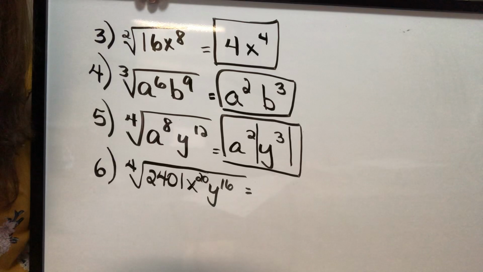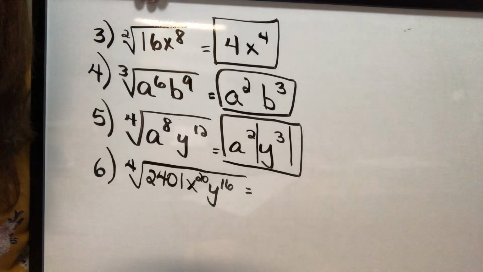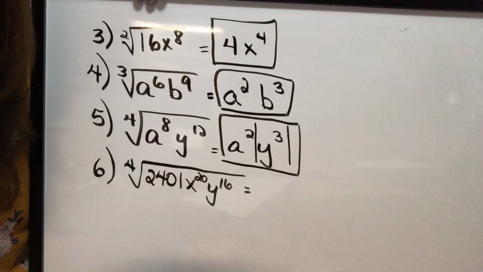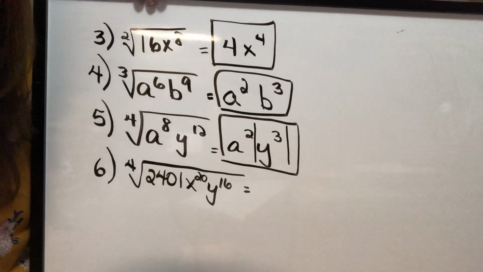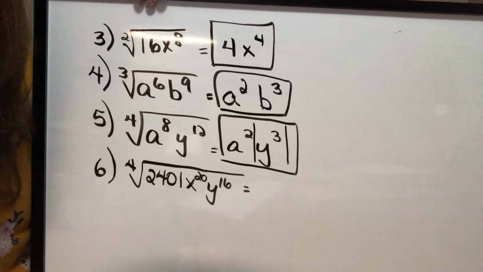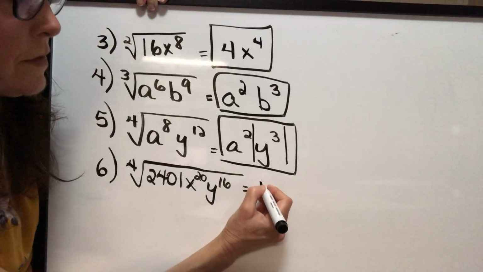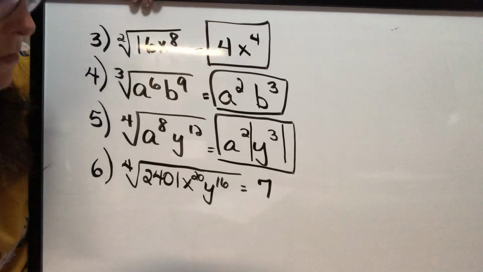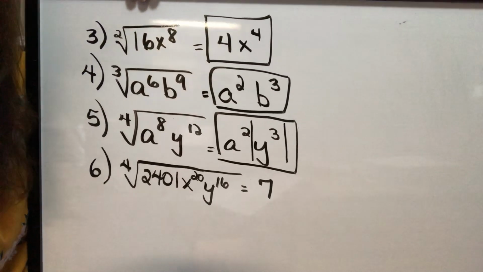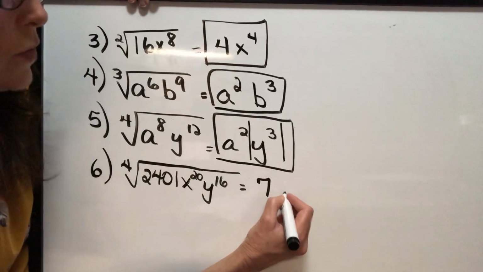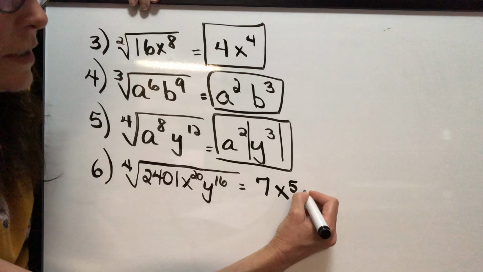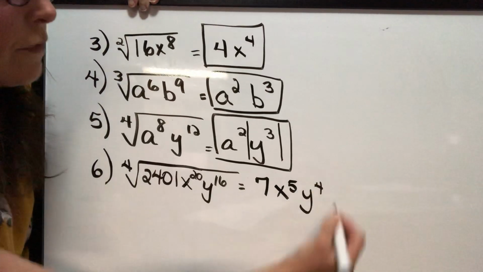Again, you go under math, and you choose option number 5, and you put a 4 in the little corner, and then 2,401 on the inside, and you should get the answer 7. So the 4th root of 2,401 is 7. Now I'm going to divide all of these exponents by 4. So 20 divided by 4 would be 5, and 16 divided by 4 would be 4.